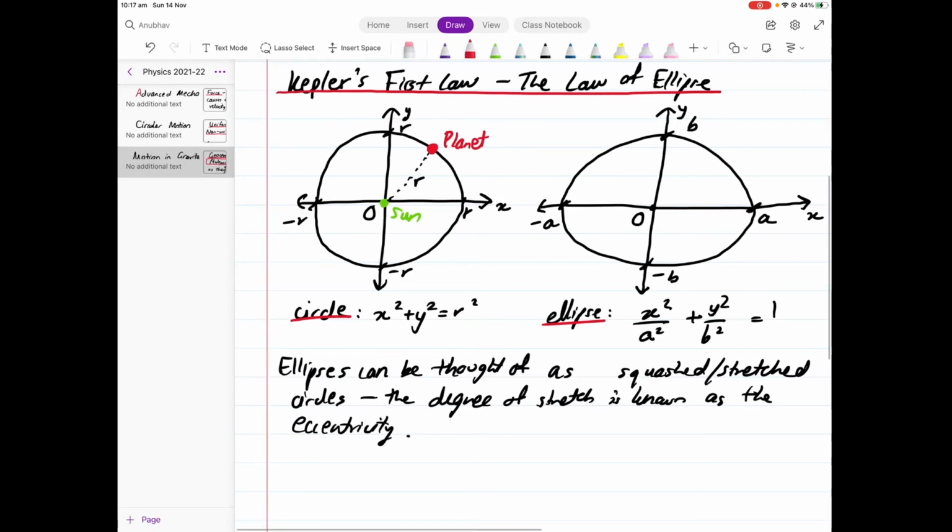The eccentricity is the degree of stretch. Now, for a circle, the eccentricity, which I'm going to call E, is 0. It is so perfectly round and everything is so perfectly equidistant from the center that its eccentricity is 0. Okay? For an ellipse, the eccentricity is between 0 and 1.